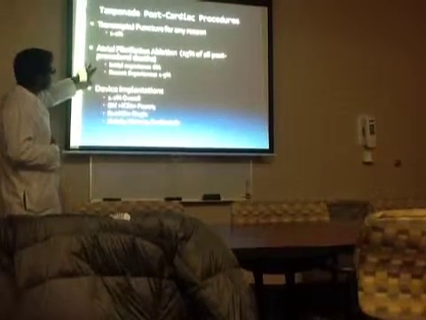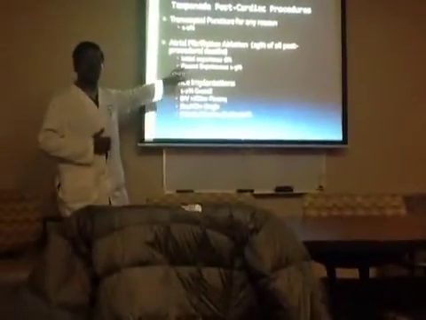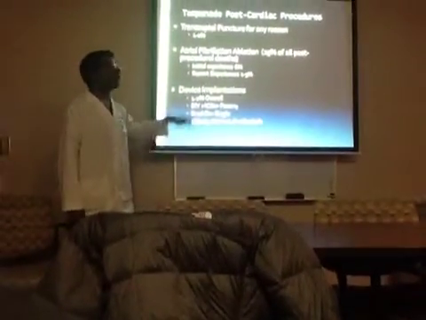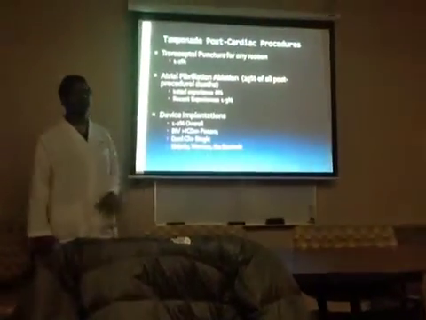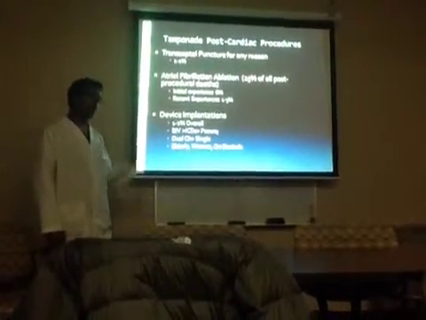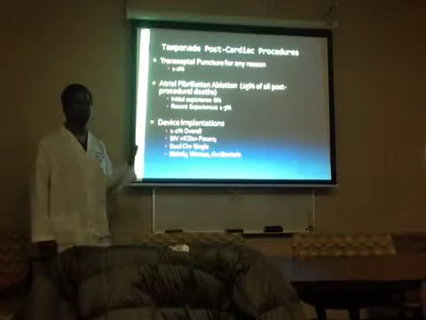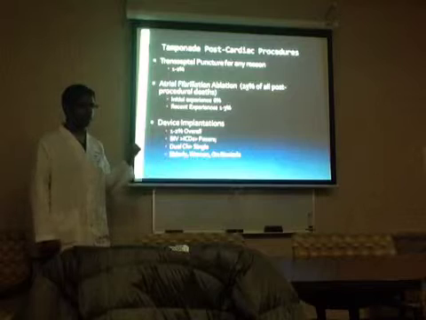AFib ablation. No matter what we say, the initial experience was about 6%. This is worldwide experience till 2005. From 2005 to 2010, the recent studies were 1 to 3%. Our experience of AFib ablation in our center is less than 1%. I was looking at it this weekend.